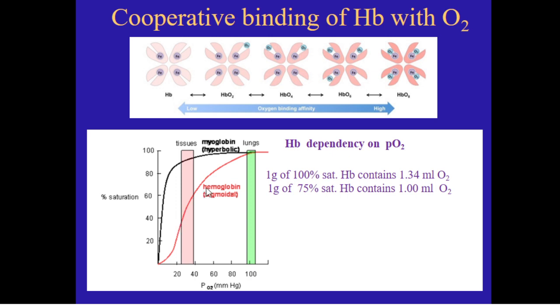But when partial pressure is higher, like in lungs, it is completely saturated. So in lungs, due to the cooperative effect, hemoglobin has high affinity to oxygen, and when it goes to the tissues, this affinity will decrease, and it creates the situation when oxygen can diffuse to the peripheral cells.